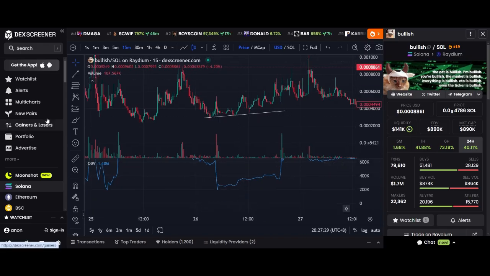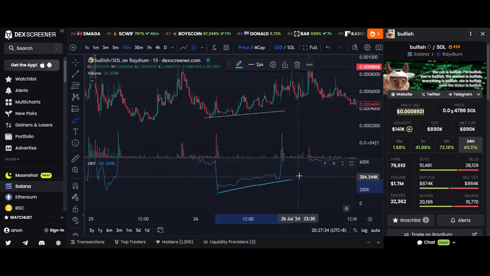And once again, the on balance volume is preceding the price action, and it's giving you a heads up of what's possibly coming. And as I said before, the on balance volume is being accumulated.